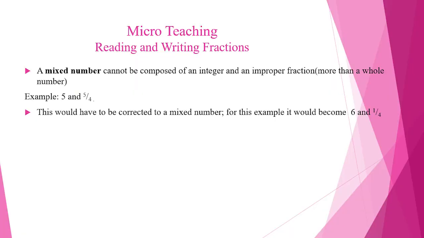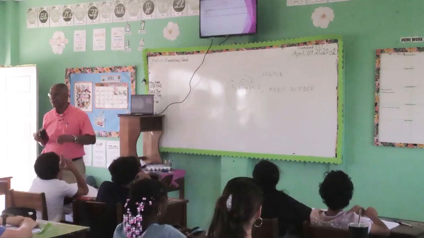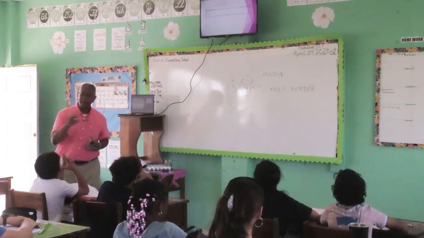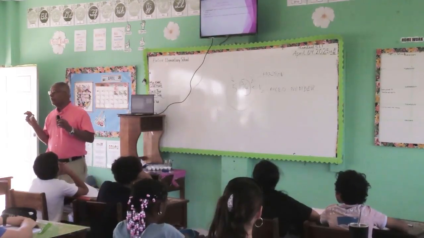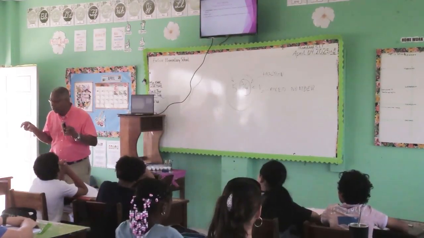A mixed number is composed of an integer and a proper fraction. A mixed number cannot be composed of a whole number and an improper fraction. So earlier I told you a mixed number represents what's called a proper fraction.